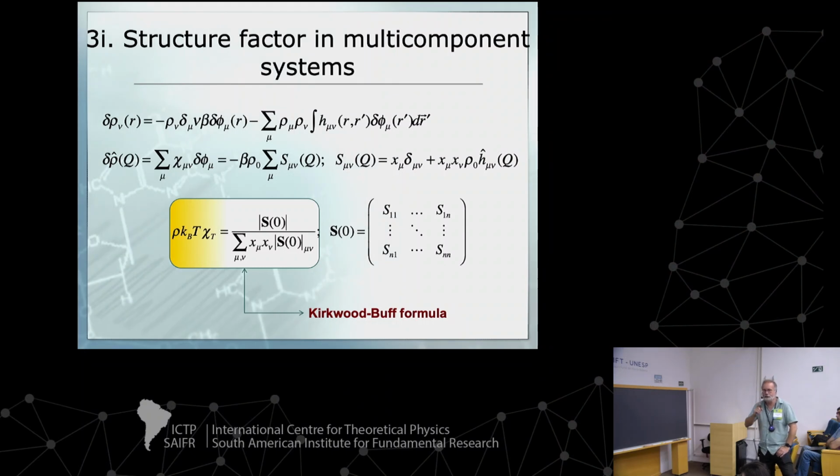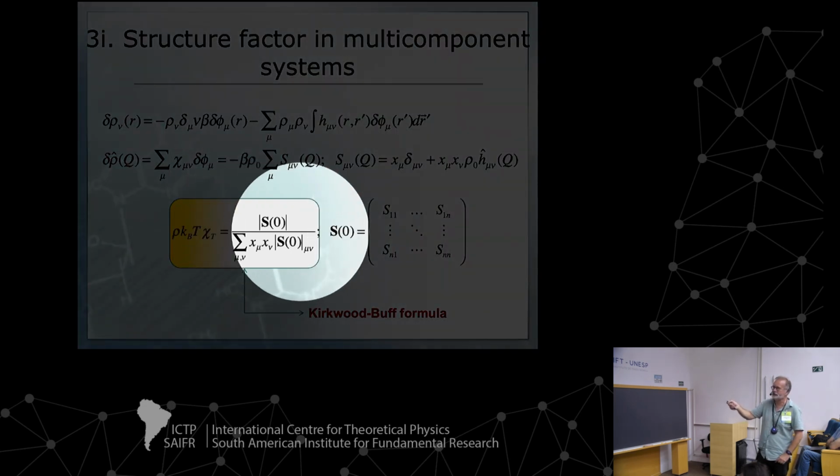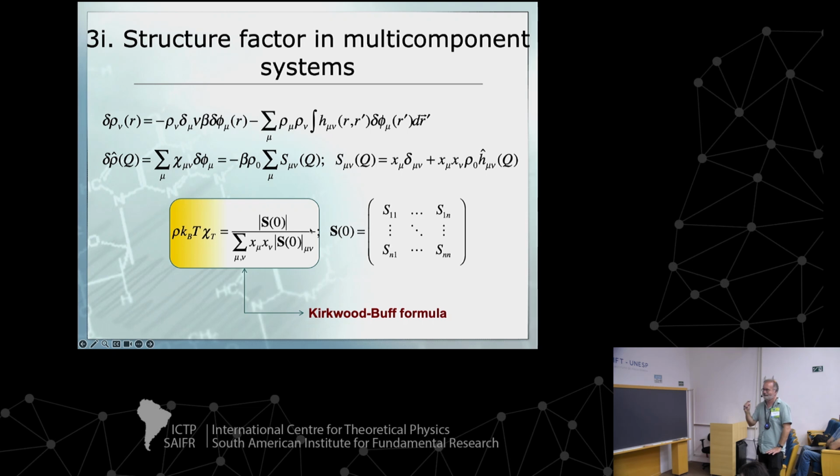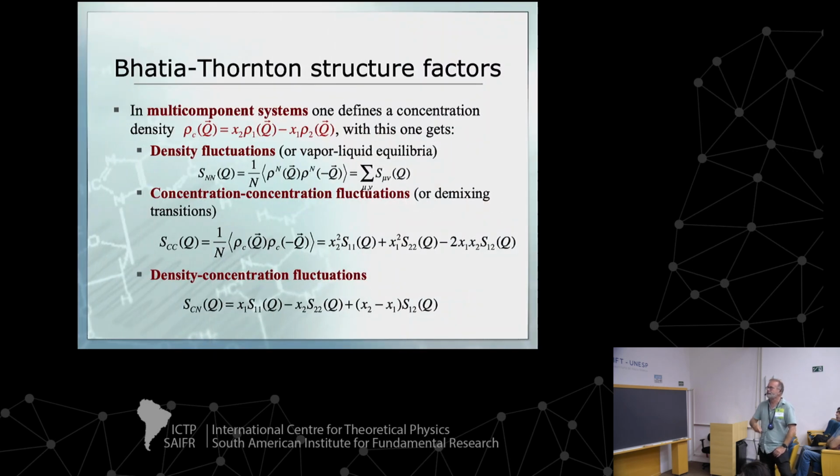It's not the Fourier transform of the full structure factor. It has to be built in this way. And this is something tricky, right? So keep this formula in mind. It's already pretty old. All is due to Kirkwood and Buff. And that is controlling precisely how the system responds when you have many densities.